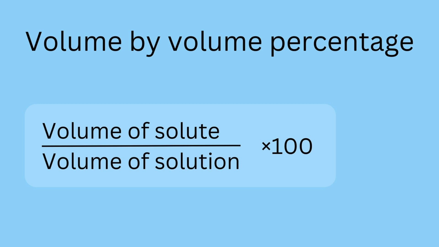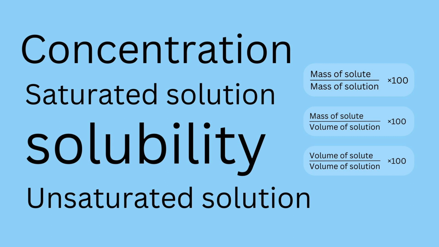So this is all we saw in this video. What is concentration? Concentration is the amount of solute present in the solution, and there are three levels: dilute, concentrated, and saturated. The first two terms, concentrated and dilute, are comparative terms used to compare solutions.